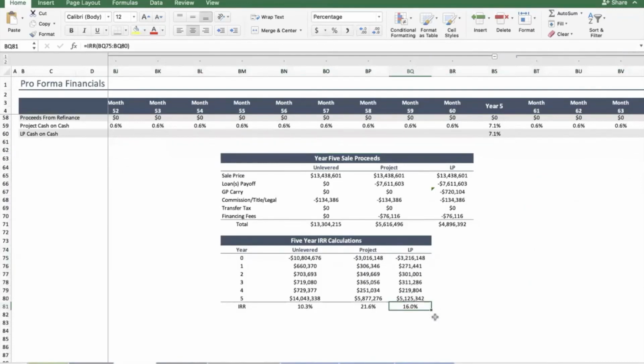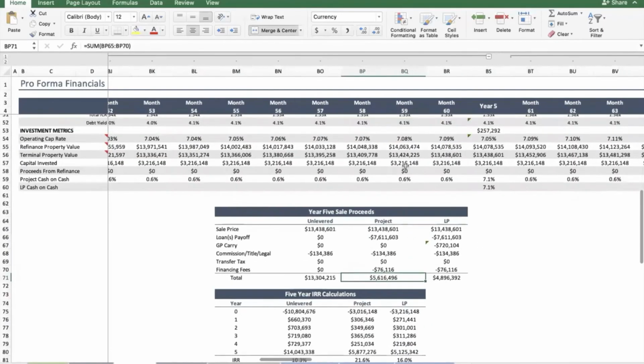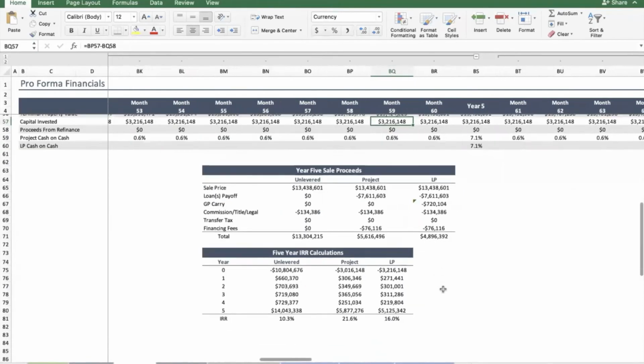You'd get 16% based on these project level returns, 5.6 million of proceeds coming out of the deal. First, we have to return the $3.2 million that was raised, and then we have to hit the pref, and then we can split it up to 13, and then over that we can go 50-50. So this would be kind of tough to build by hand, but we can try to do that quickly.